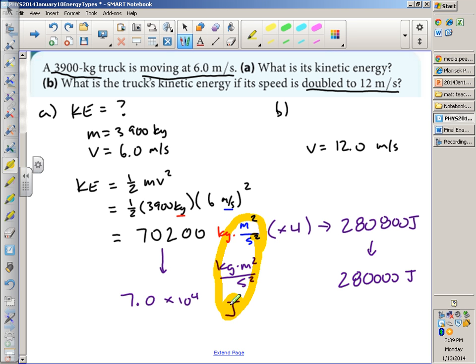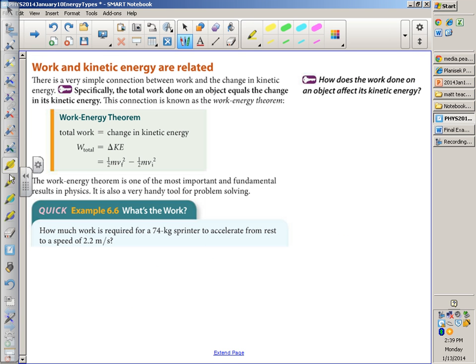What was joules the unit for? Work. But we see here that joules also shows up to be the unit for energy as well, kinetic energy. Because what we find out is that work and kinetic energy are related. Key point. Specifically, the total work done on an object equals the change in its kinetic energy.